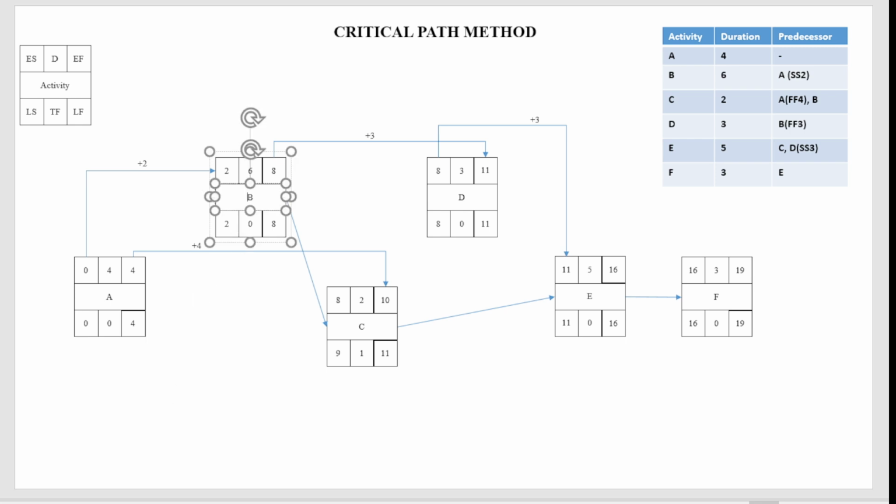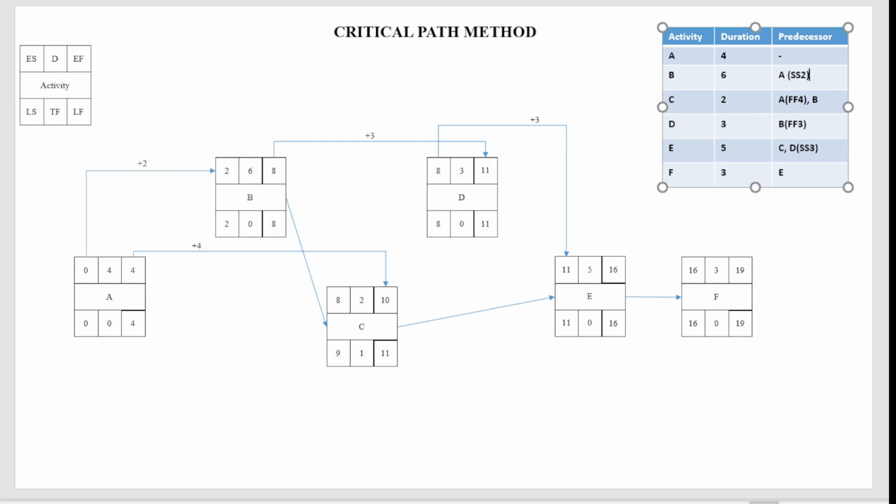Okay, so activity B has a start to start relationship with 2 days lag with A, which means when activity A starts, after 2 days activity B is going to start. Unlike previously, when activity B was starting after activity A completed, in this case activity B starts 2 days after activity A starts.